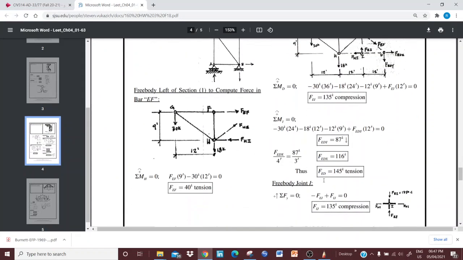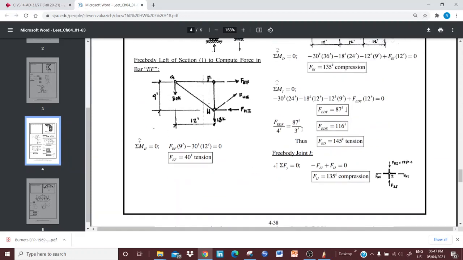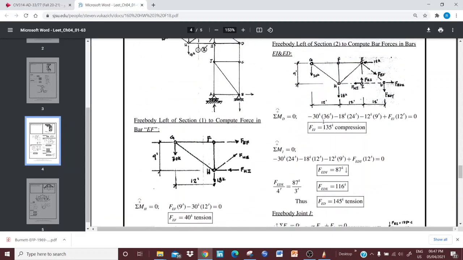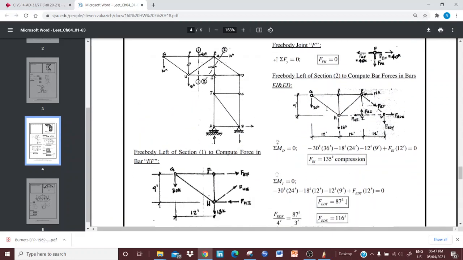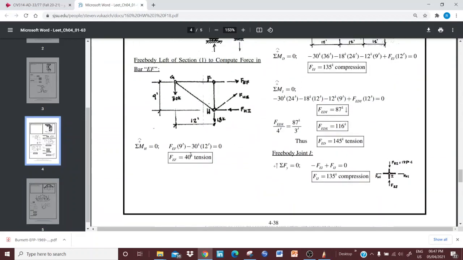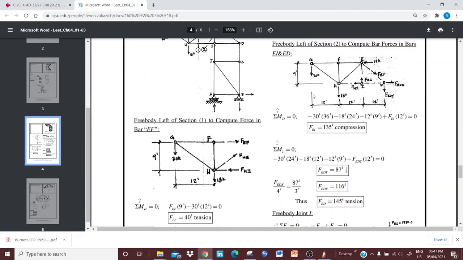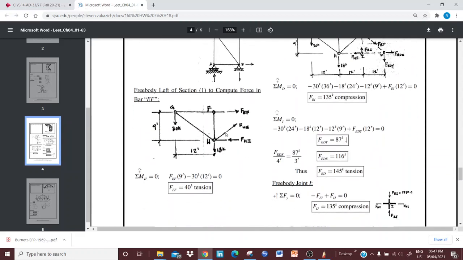Where can I find HE here in the solution? HE.